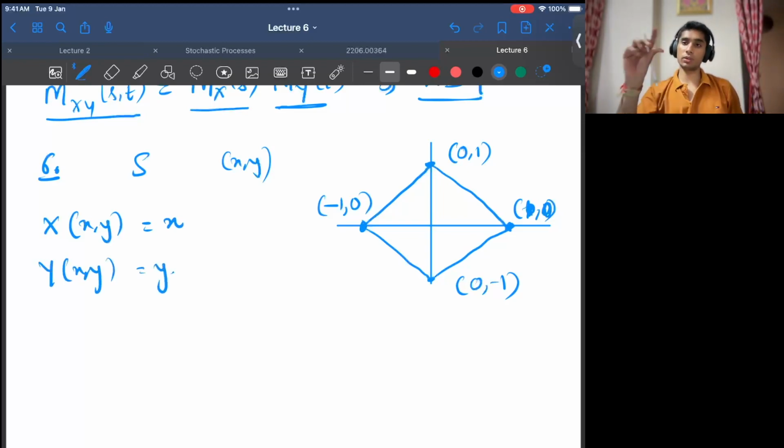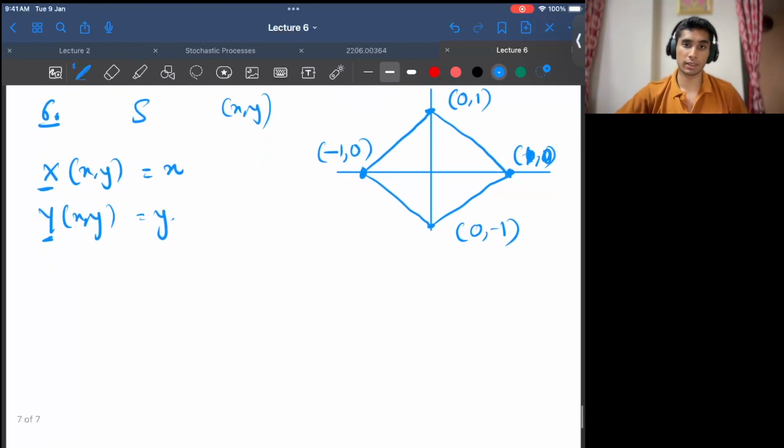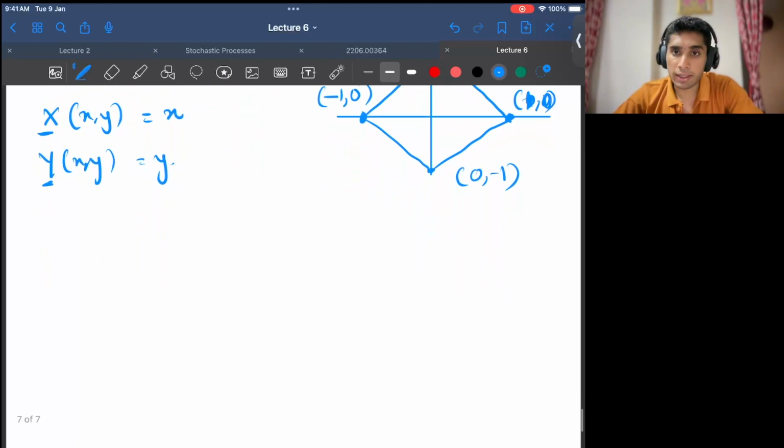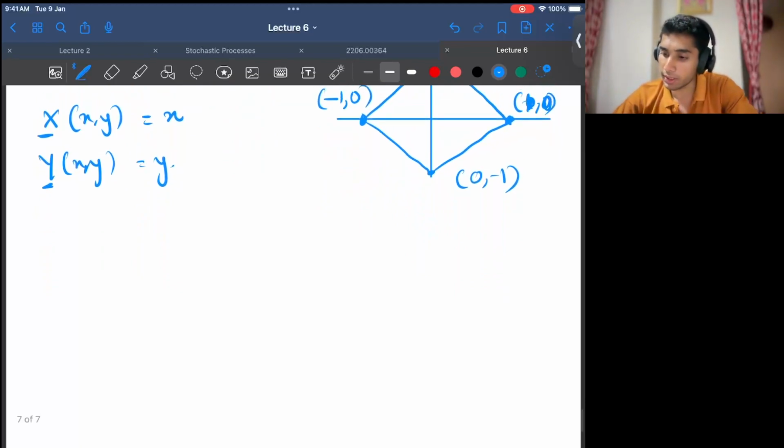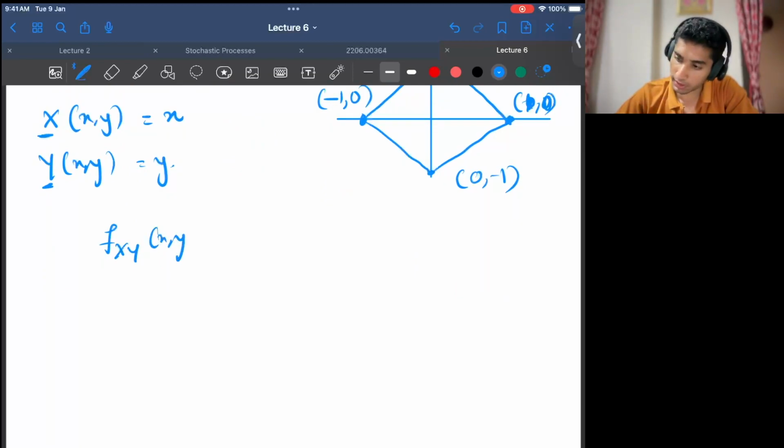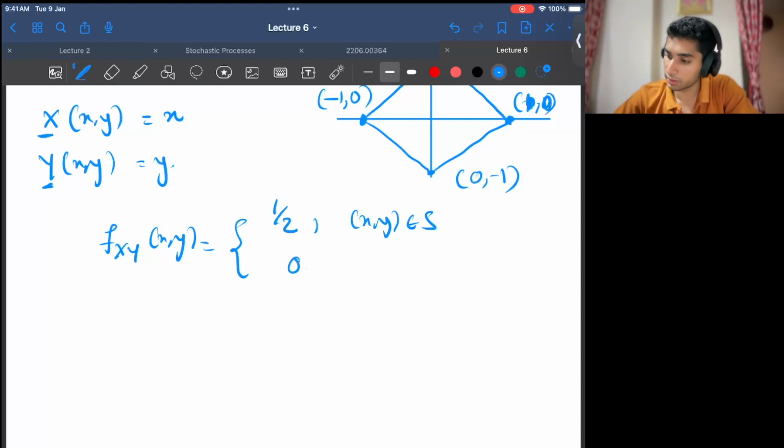If you throw a dart on this square, the x coordinate of that point is your random variable capital X, and the y coordinate of that point is your random variable capital Y. What is given to you is the joint density of x comma y. So f of xy of x comma y is given to you to be half when x comma y belong to this square. It is 0 otherwise.